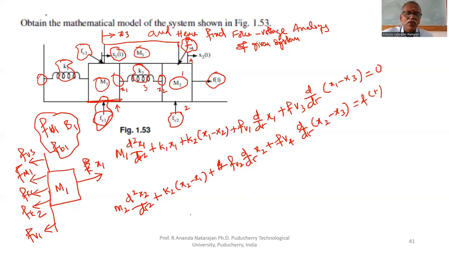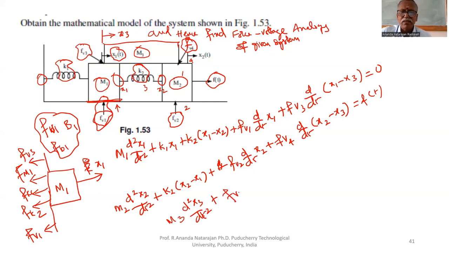Then for M3: M3 d square x3 by dt square plus, no spring, only dashpots. Dashpots are FV3 and FV4. That's all. Therefore, no applied force.